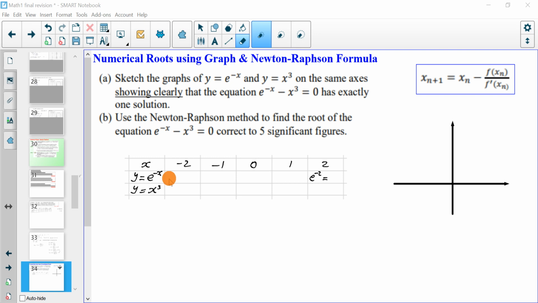First one, e to the minus x, when x is minus 2, you will put e to the minus minus 2, because x is minus 2, in the calculator. And that one is going to be e squared. That should be about 7.4. You don't have to keep a lot of decimals because this is only a sketch. So I'm just going to write 7.4.